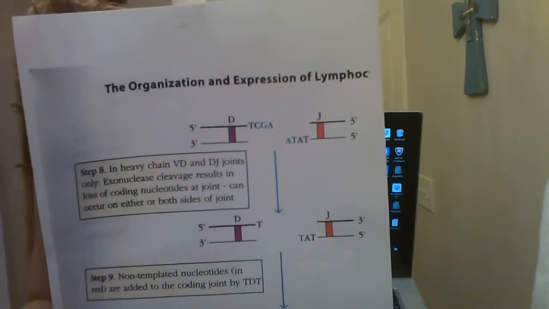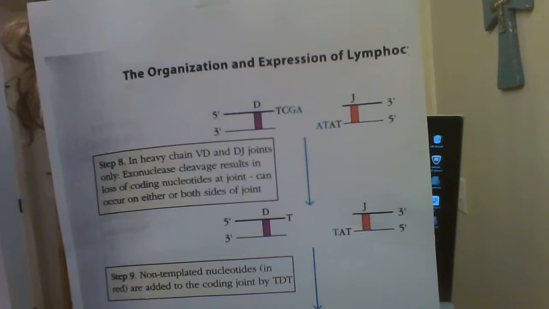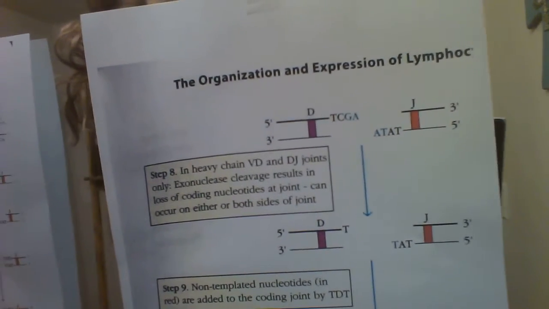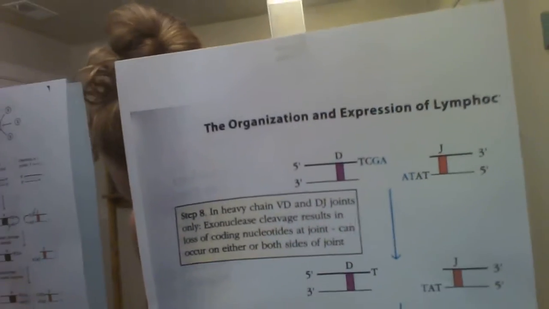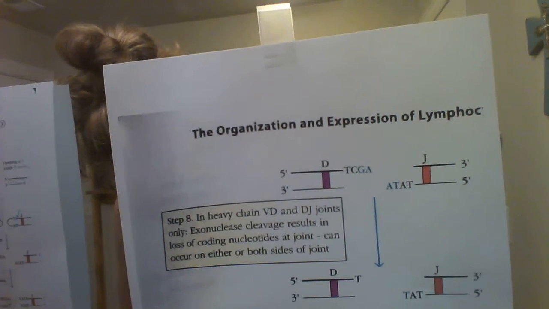And so then we're going to come over here to step 8, which we talked about earlier, that exonuclease activity, which they said they weren't 100% sure right now which one it was, the RAG proteins or that Artemis protein.